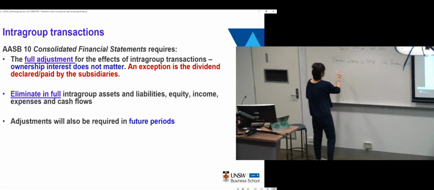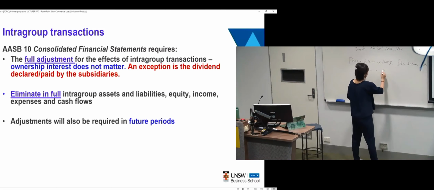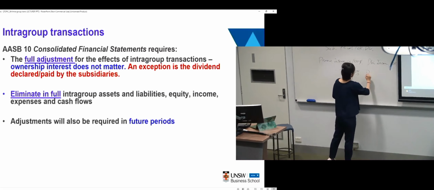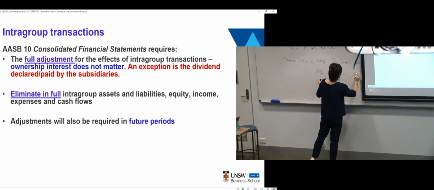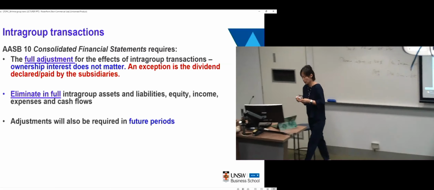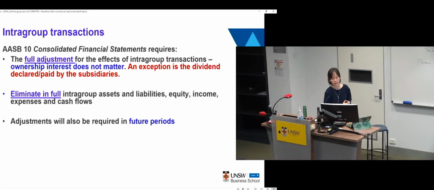Now, if the parent's interest is, let's say, 80%, then the dividend income recognized by the parent would be only 8,000. So you can see the intragroup dividend recognized by the parent company, paid by the subsidiary, actually depends on the parent entity's ownership interest in the subsidiary. If the parent owns all the shares, then all the dividend income paid by the subsidiary will be recognized by the parent as dividend income.